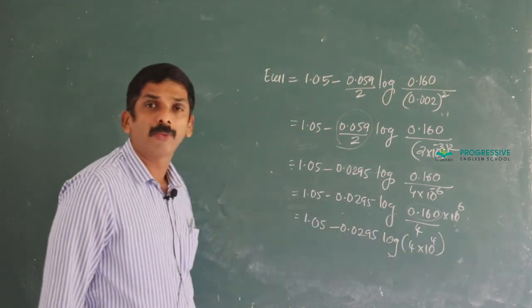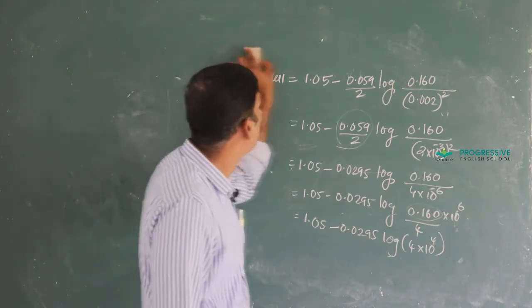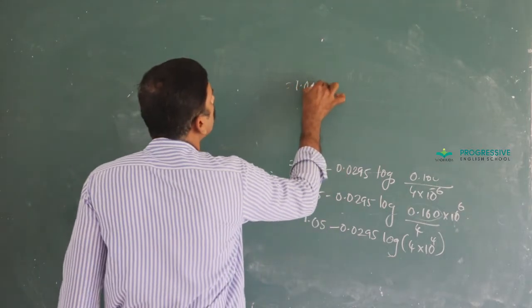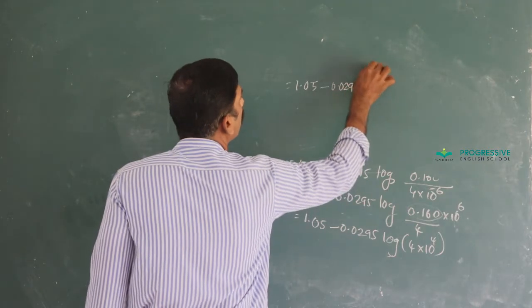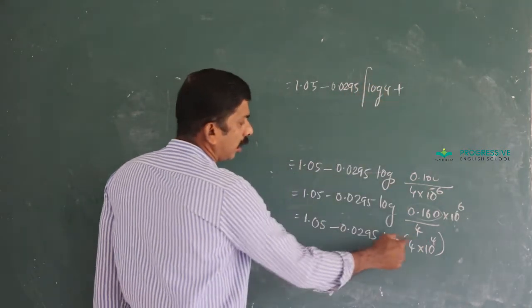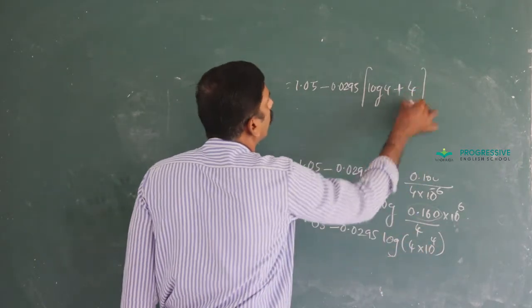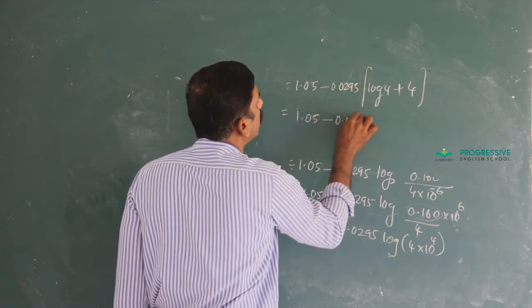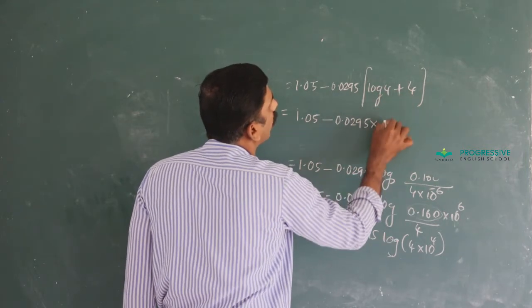This is in the form of log A into B, and log of A into B is log A plus log B. That is 1.05 minus 0.0295 log of 4 plus log of 10 raised to 4, which means 4 log 10, and 4 log 10 is 4. That is 1.05 minus 0.0295 into 4 plus log 4.